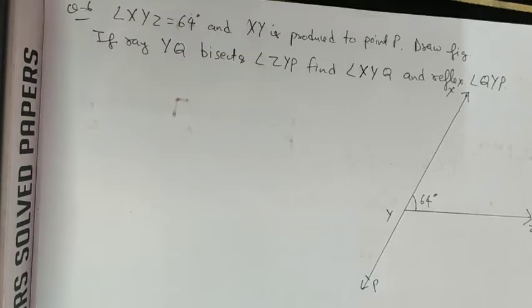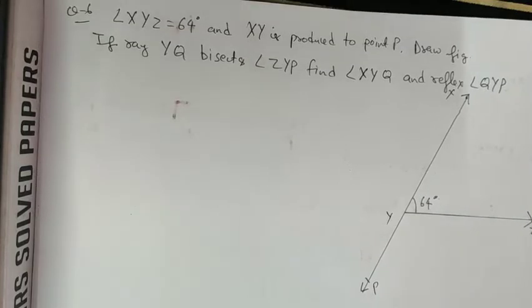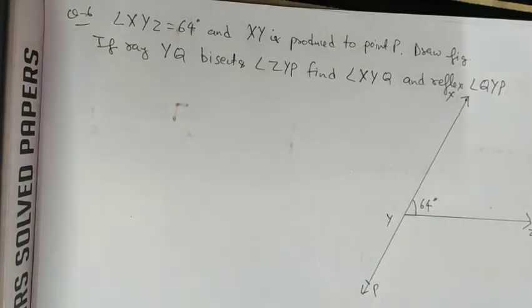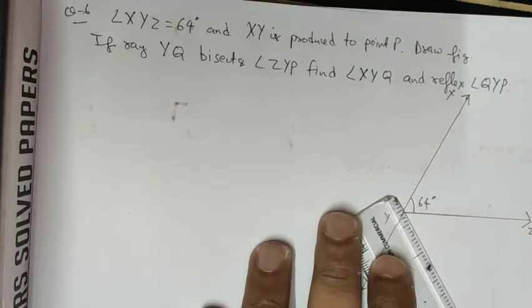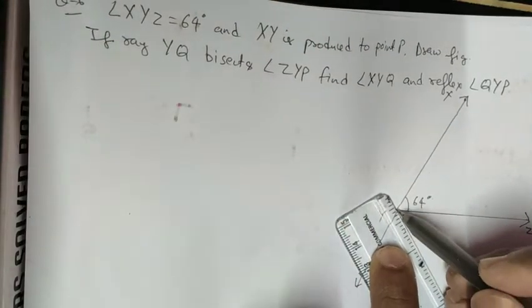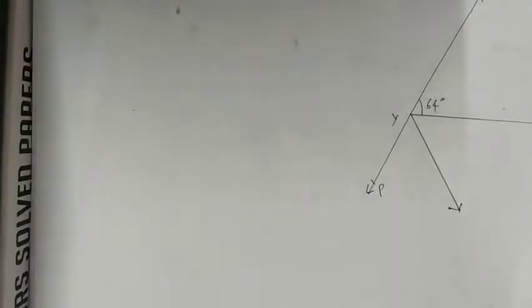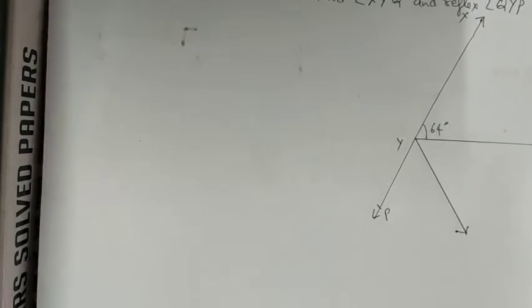Now it is said find the angle if ray YQ bisects ZYP. ZYP is bisected by YQ. So it is somewhere in between. This ray is basically bisecting.